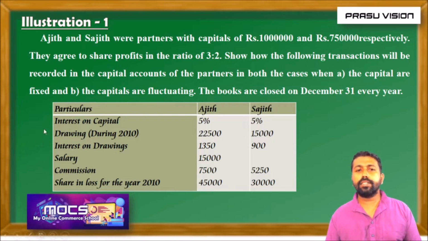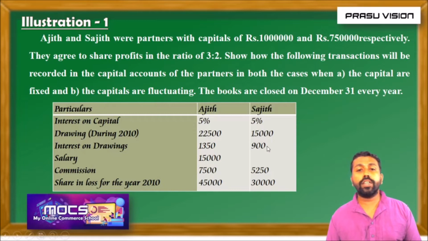Also, for both partners the interest on capital percentage is given. So it is very simple to calculate the interest on capital, the amount of capital into 5%. So 10 lakh into 5%, 7 lakh 50,000 into 5%. Also, the amount of drawings during the year is given. Interest on drawings amount is directly given.